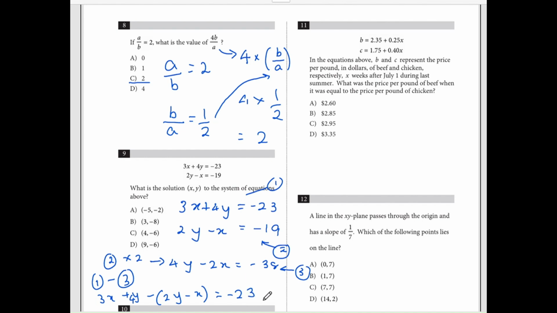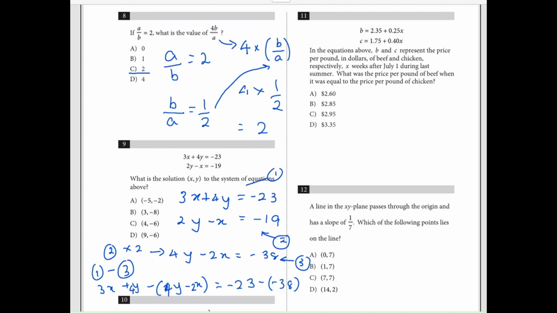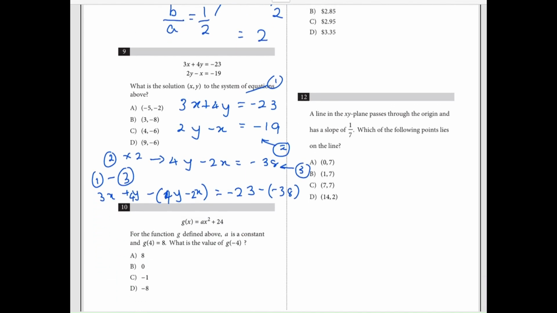Sorry, here it's 4y minus 2x equals minus 38, and this becomes, I will write it down here, 3x plus 4y minus 4y plus 2x equals 38 minus 23 is 15.